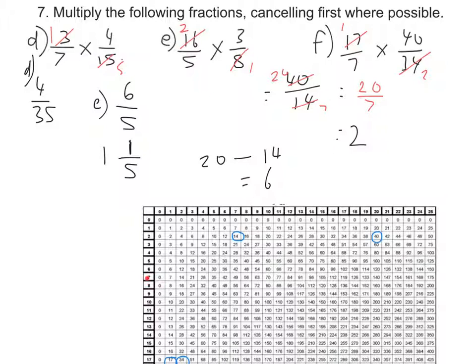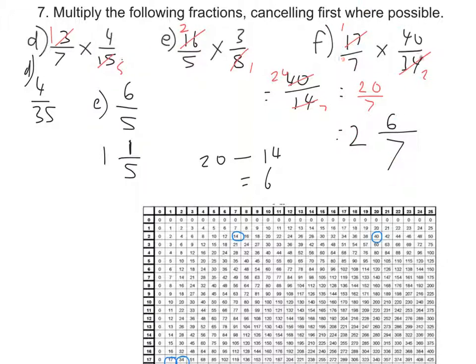So 7 multiplied by 2 is 14. So the difference between 20 and 14 is 6. So the remainder goes as the numerator, and then the denominator stays the same. So your final answer here should be 2 6/7.